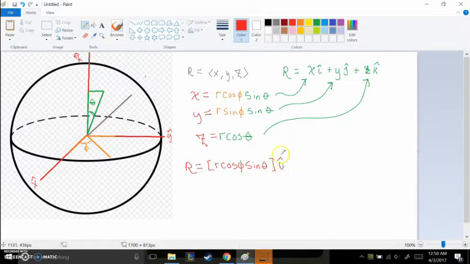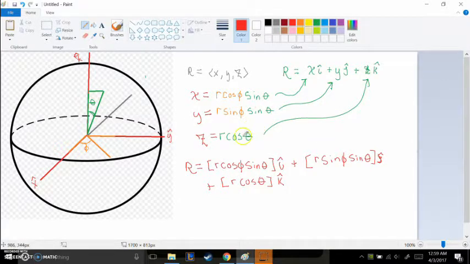Many physics books switch between the two, or you'll be using books by different authors in your physics career, so it's a good idea to just get used to i, j, k as well. Plus r sine phi sine theta in the j direction, plus r cosine theta in the k direction.